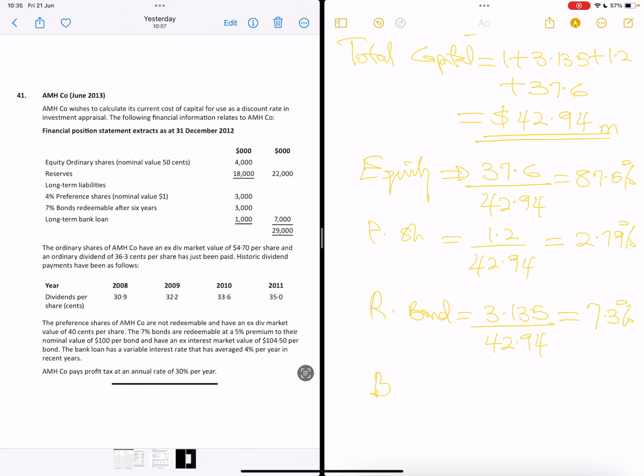And the last one is the bank loan. This is 1 divided by 42.94. Let's do that. Times 100, that gives 2.3%.